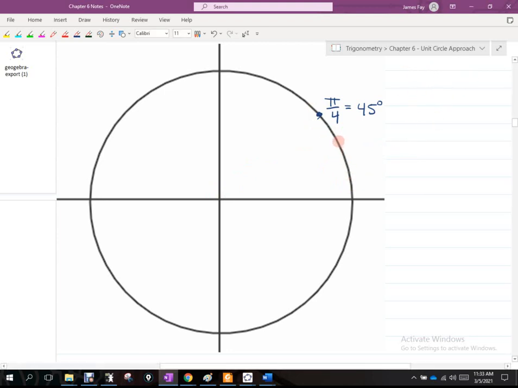The other one that we're interested in is pi over 6. Pi over 6 is right here. Pi over 6 is equivalent to what degree? 30 degrees. So in radians, it's pi over 6; in degrees, it's 30 degrees. Is that closer to pi over 4, or is it closer to 0? Pi over 4.